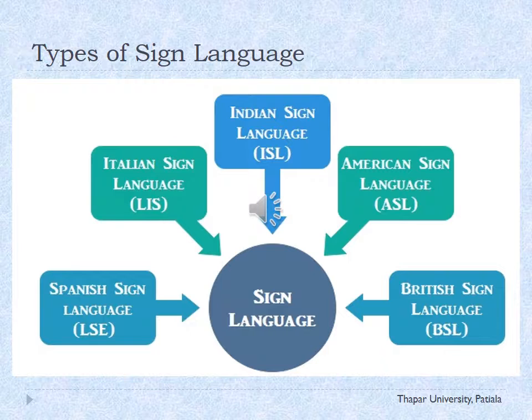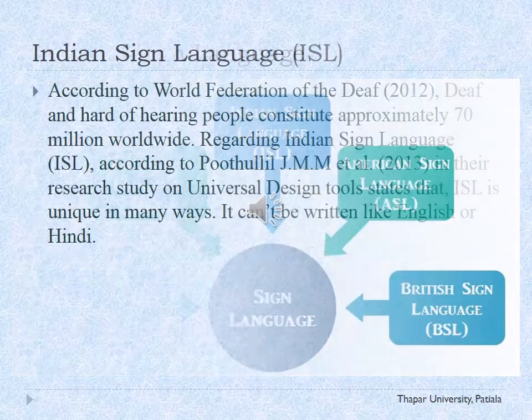The diagram clearly shows the types of sign languages. These are some of the sign languages: Spanish Sign Language LSA, and the main ones are LIS, ISL, ASL and BSL.